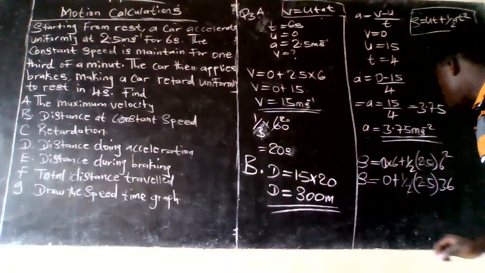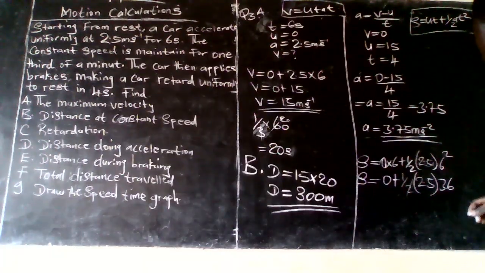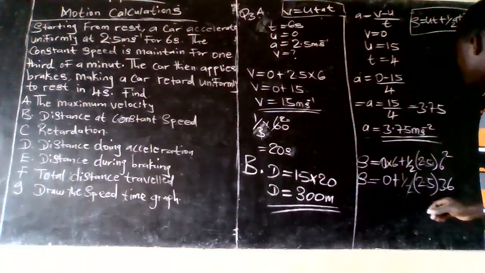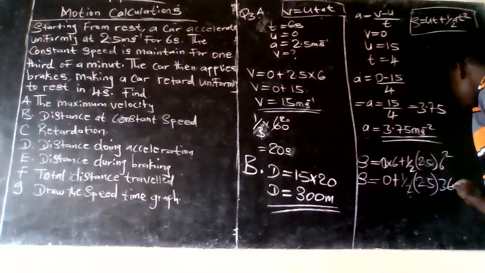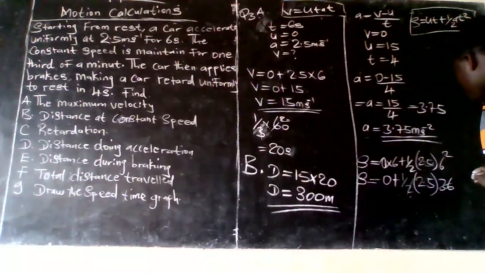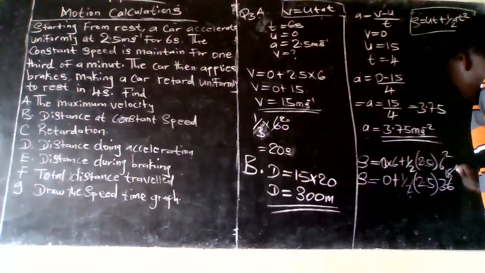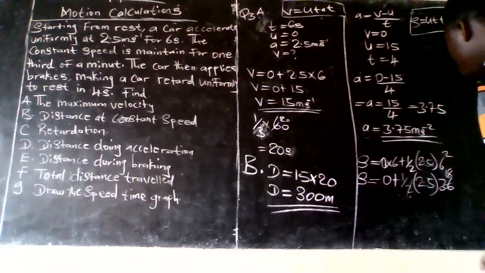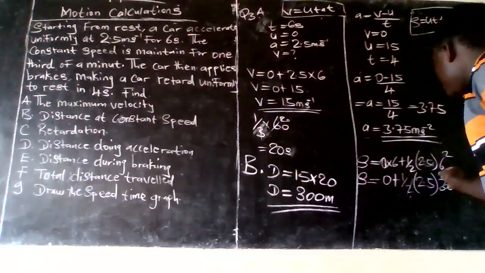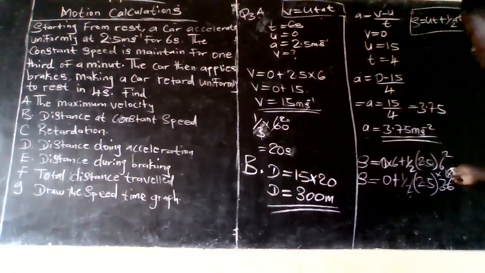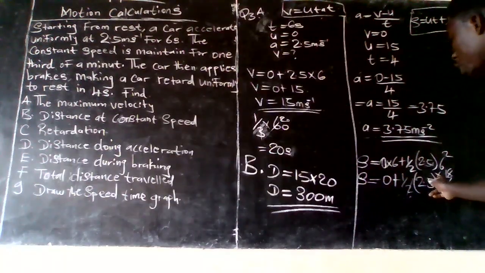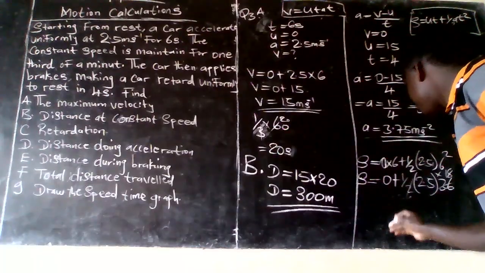Half of 36 is 18, so now we multiply 18 by 2.5.